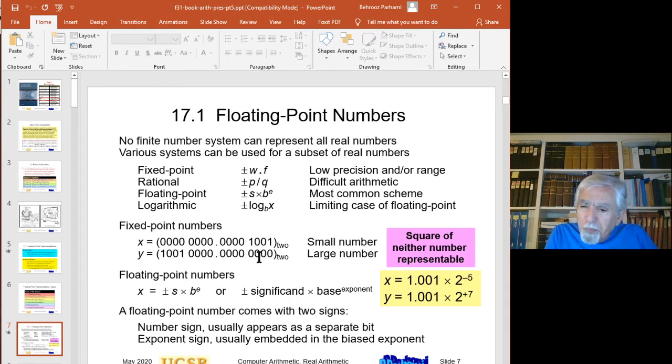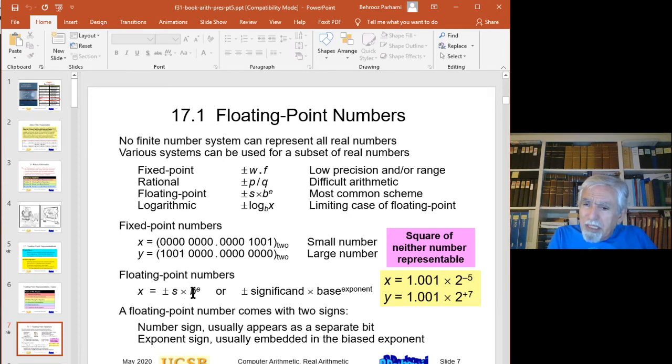Now, floating point numbers are represented with 3 components. Actually, 4 components if you count the sign. So there's a sign, plus or minus. There is a significand. Sometimes it's called mantissa. Mantissa is the older term for it. The modern term is significand with a D at the end.